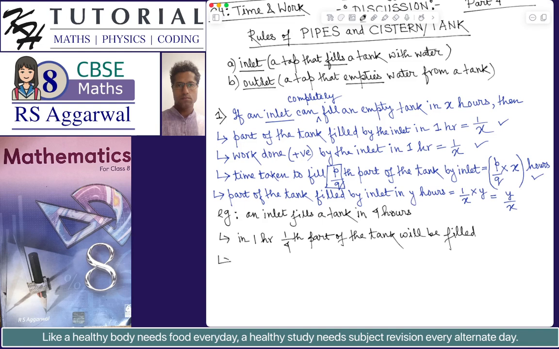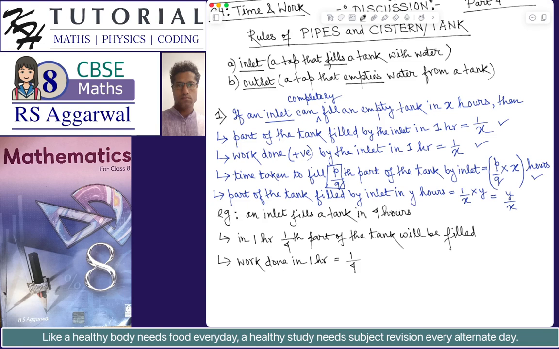The second result is that the work done in 1 hour is equal to 1 by 4. So for an inlet tap, the work done is equal to the part of the tank filled in 1 hour.